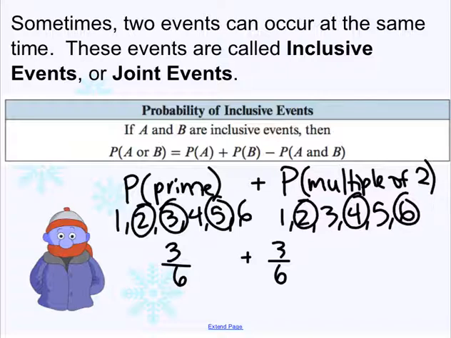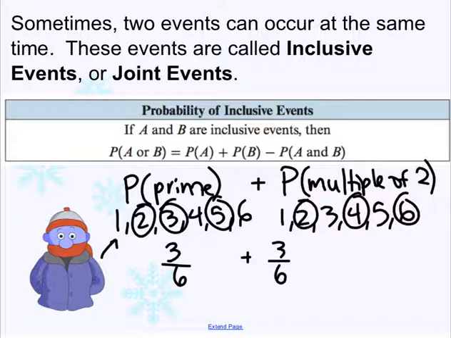Well, if we left it as this, we would say it is guaranteed, 6 out of 6, that we will always get a prime number or a multiple of 2, which is not true, because if you think about it, we have most of them covered, but this 1 right here isn't a prime or a multiple of 2. So how is it guaranteed?